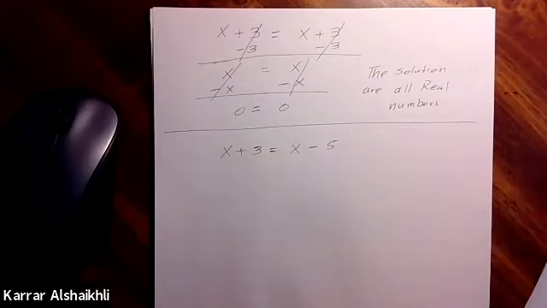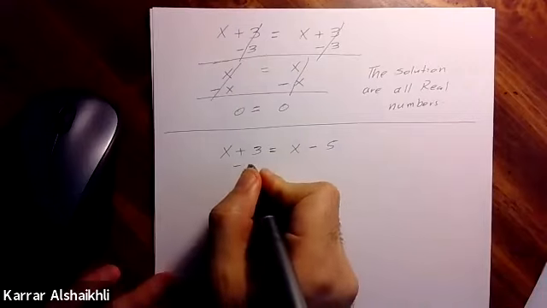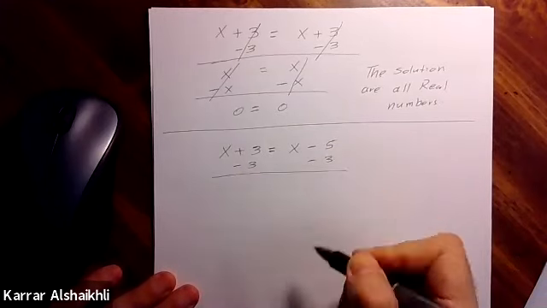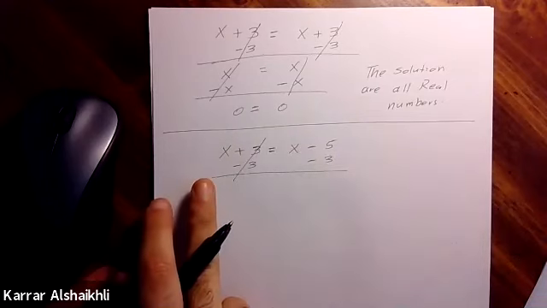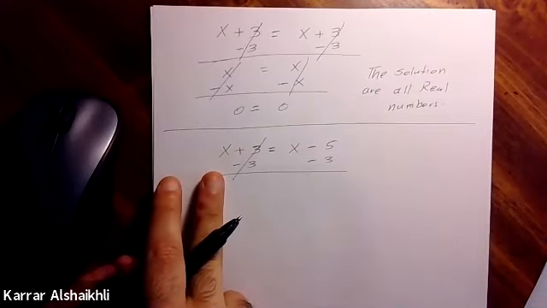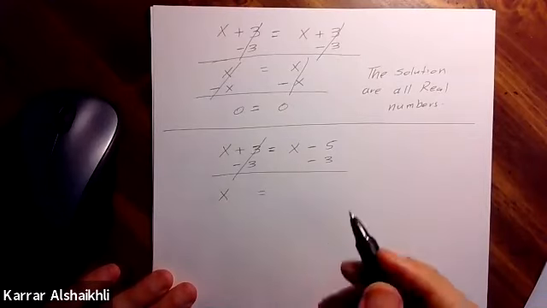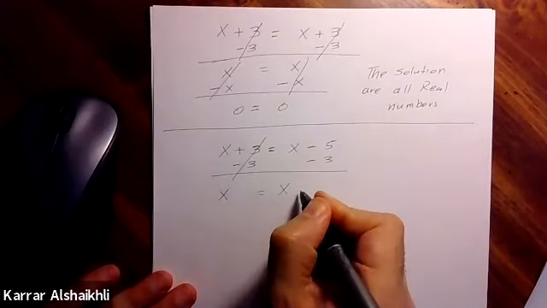So how are we going to solve this one? I need to move the numbers to one side. So I'm going to say minus 3, minus 3. Cancel these. The leftover from the left side is x, equal to the leftover from the right side, which is x minus 8.